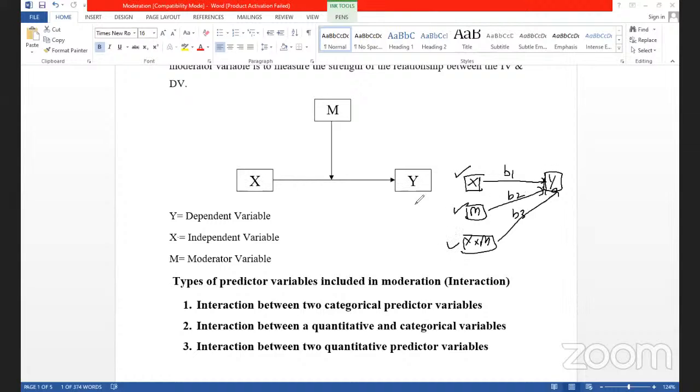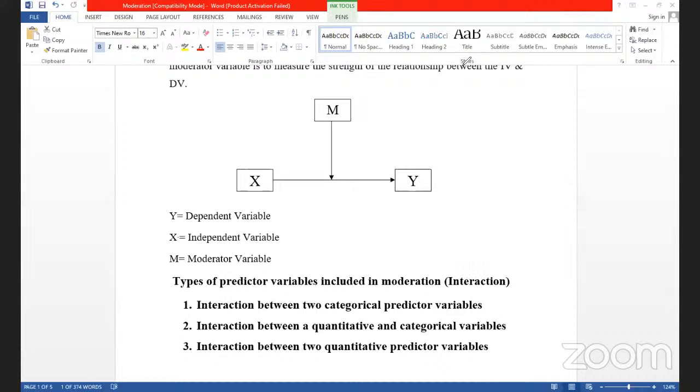So generally we take two cases in categorical. This should be metric and metric. In one case it is non-metric. But if both are metric, it is not a perfect case of moderation.